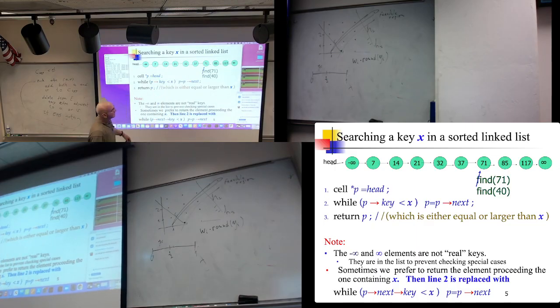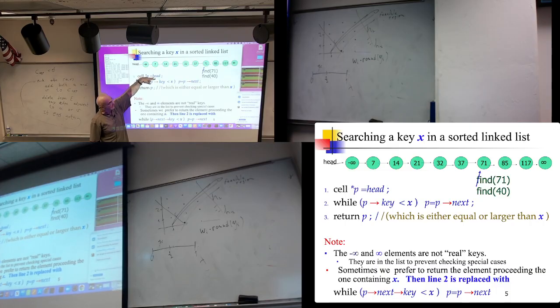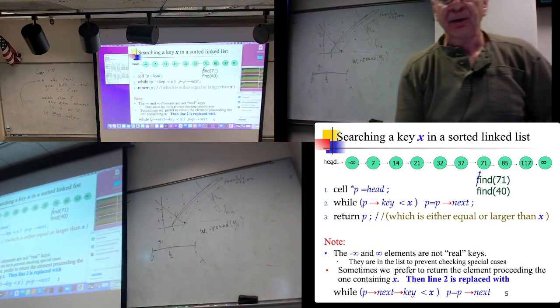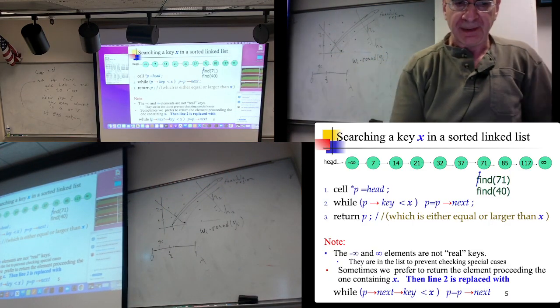If I waste a tiny little bit of memory storing two more elements, the code will behave the same for every element. And also it means that I don't need to check, when I'm moving to the next element, if the next element exists or I'm running into null. Because if P is null and you're asking what is its key value, you will get a core dump. You probably experienced that; bad things happen.